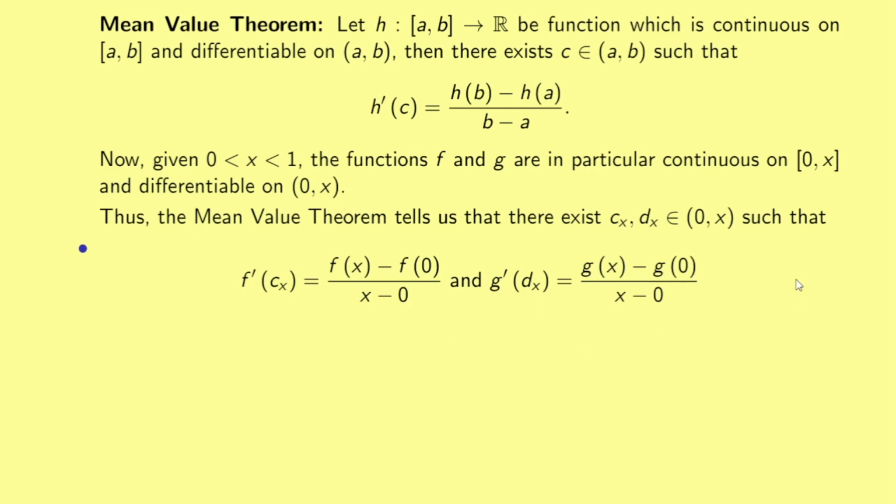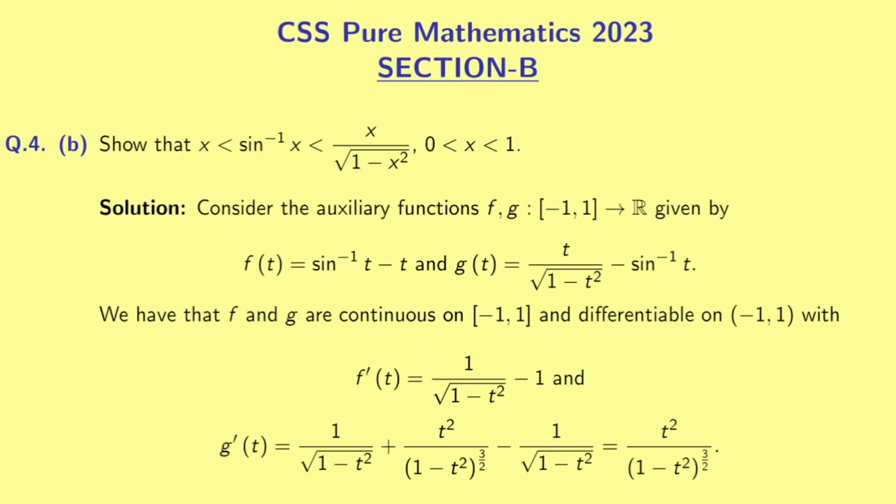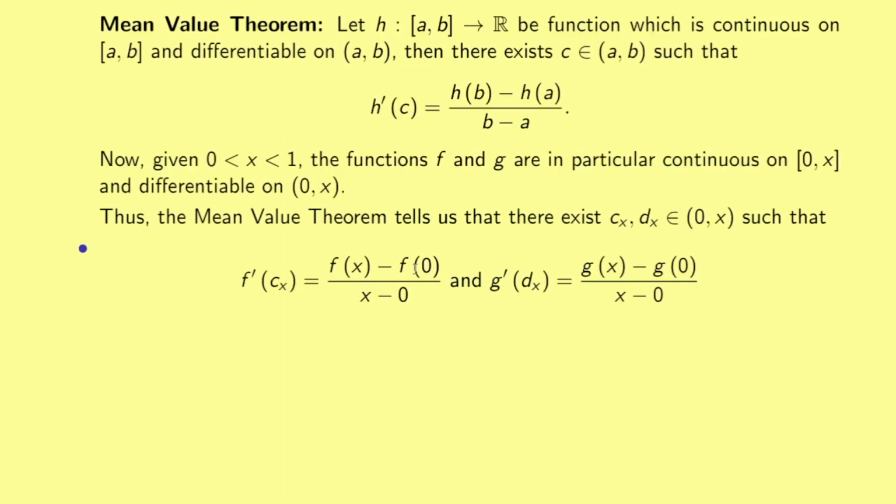Now we recall the definitions of f and g. If we plug 0 into f, the sine inverse of 0 is 0 and t is 0, so f of 0 is 0. If we plug 0 into g, we get 0 because 0 over 1 is 0, and again the sine inverse of 0 is 0. So f of 0 and g of 0 are both 0, and those terms disappear, and x minus 0 is x.